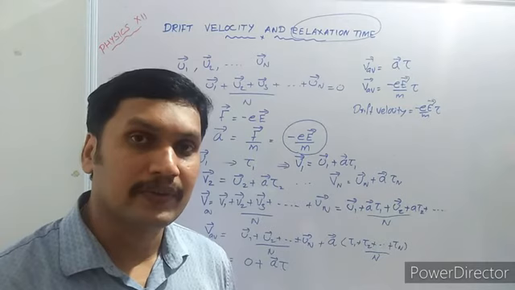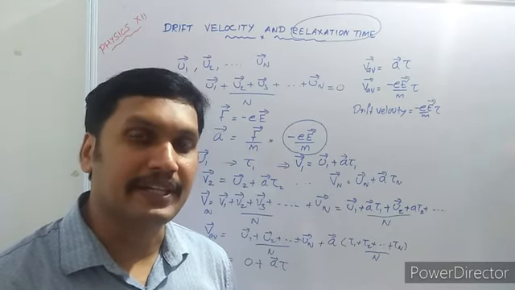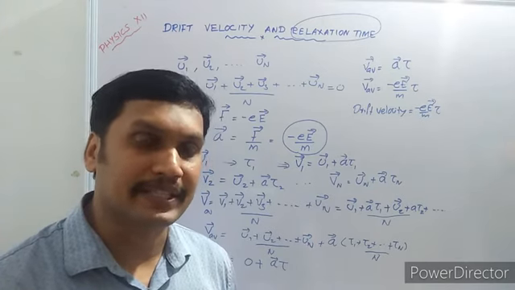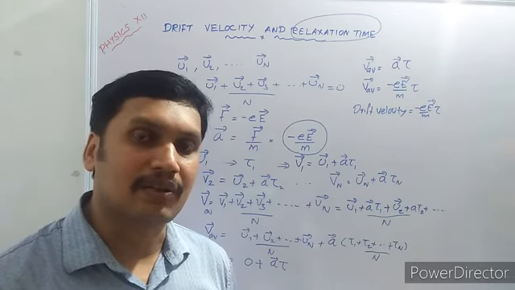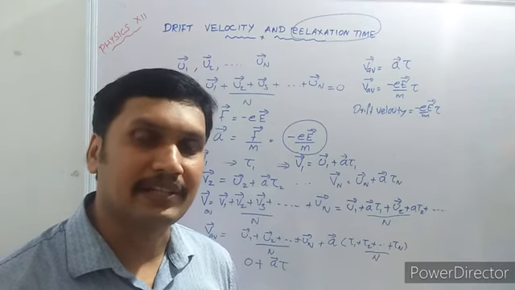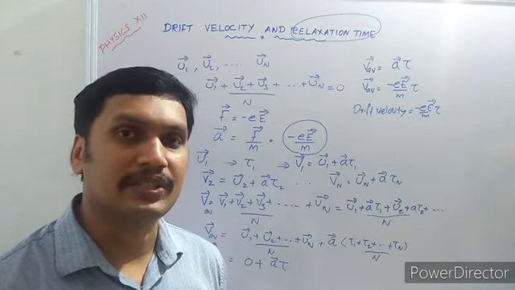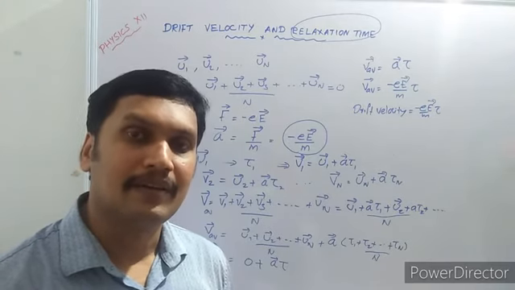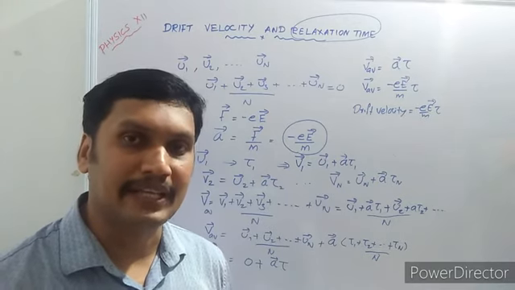This is because the electrons continuously collide with each other or with the metal ions present in the metal, so all the electrons move without net acceleration with a very small velocity, the drift velocity. It is in the order of 10 raised to minus 5 meter per second, in the direction opposite to the external electric field.